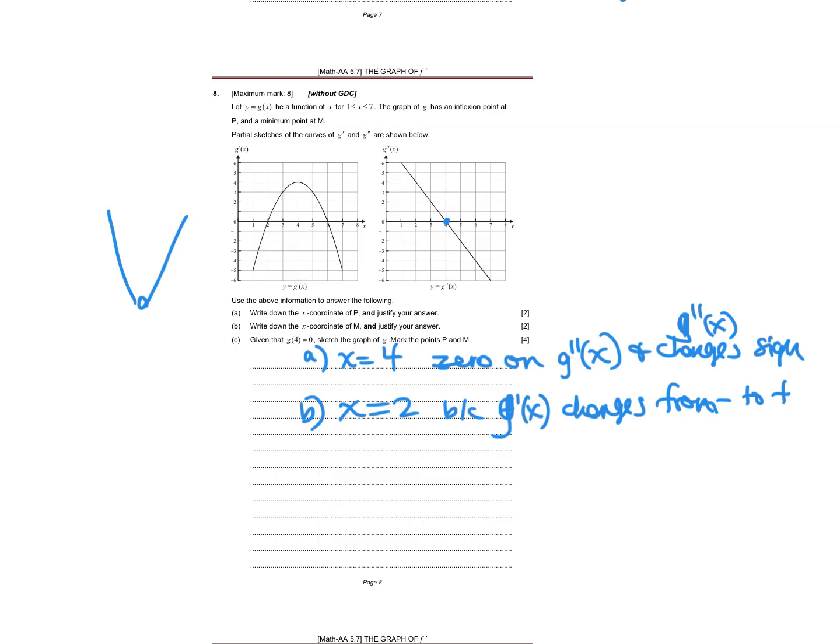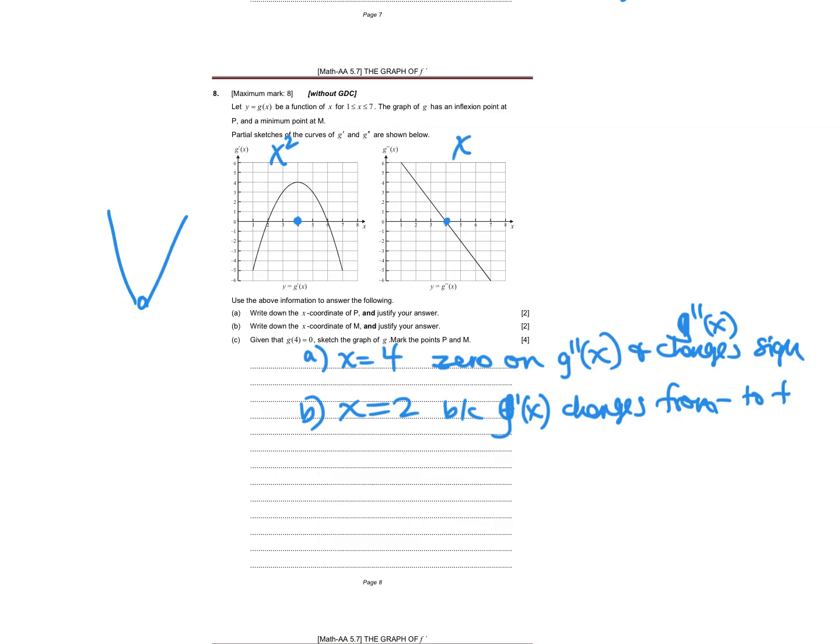Okay, so let me get rid of that. So g(4) is 0. That is going to be the inflection point, right? And if you think about this, this is linear, this is quadratic, so we're going to have a cubic. So it's negative gradient at first, and there's a minimum at x equals 2.